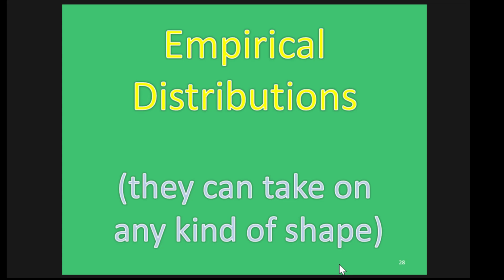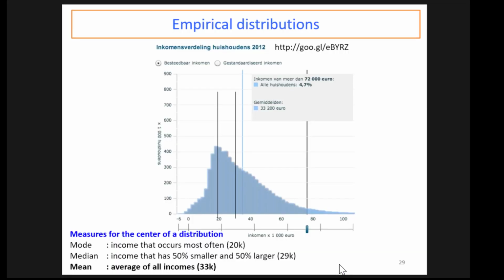Now, empirical distributions. We need to have a look at that. This is one example, from the distribution of income in the Netherlands in 2012. So you see what it looks like here. So let's have a look. We have an average of 33,000 euros in terms of income that you can use, and that's the average there.